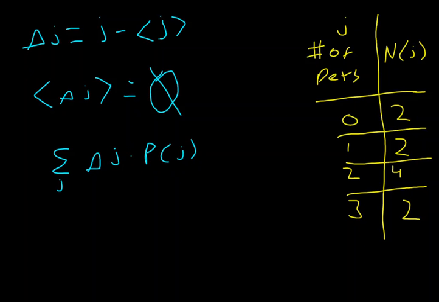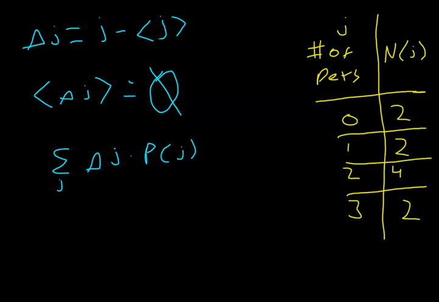So delta j would be 1.6, because that's 1.6 away from our average of 1.6, times the probability. So it would be 1.6 times 0.2. Then if we go to 1, delta j would be 0.6, so 0.6 times 0.2.